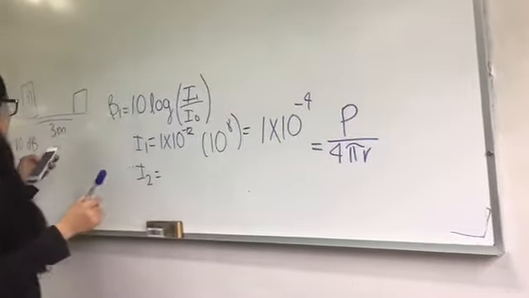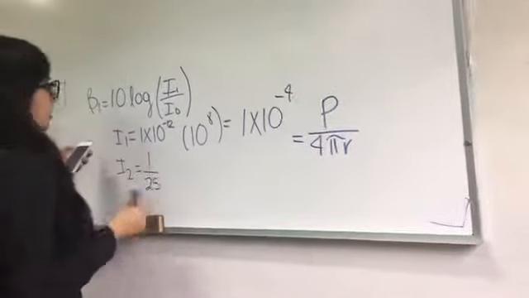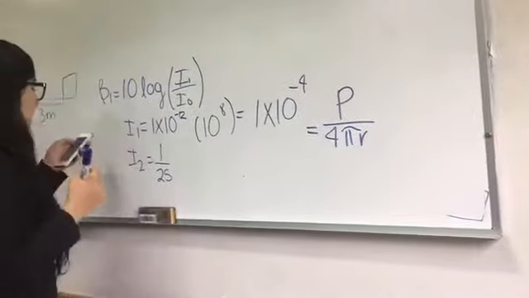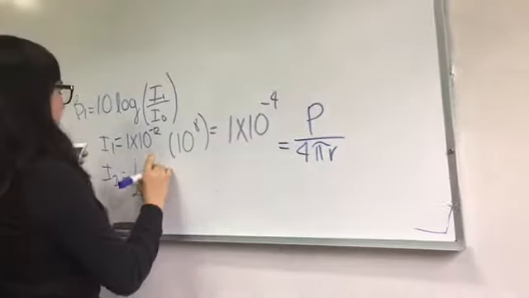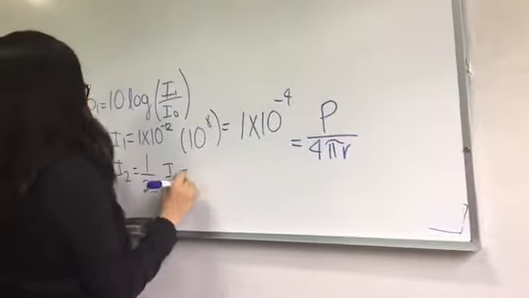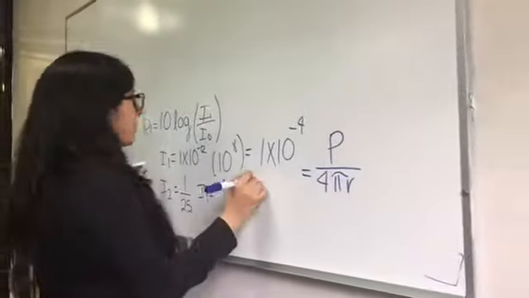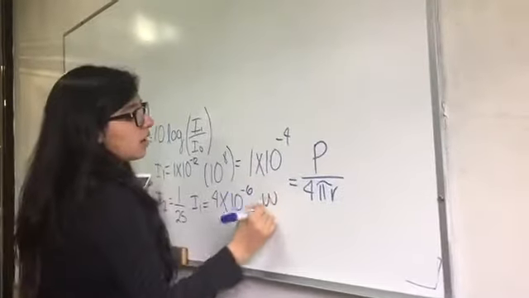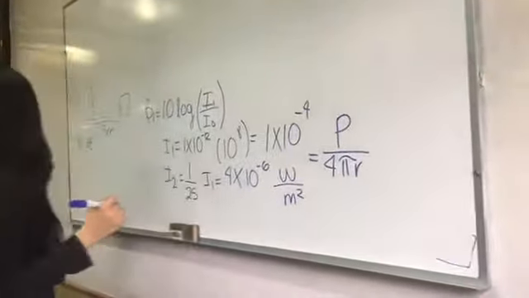And then for the intensity 2, the problem says that it's reduced by a factor of 25, so we reduce it by a factor of 25. So the intensity 2 is equal to 4 times 10 to the minus 6 watts over meter squared.